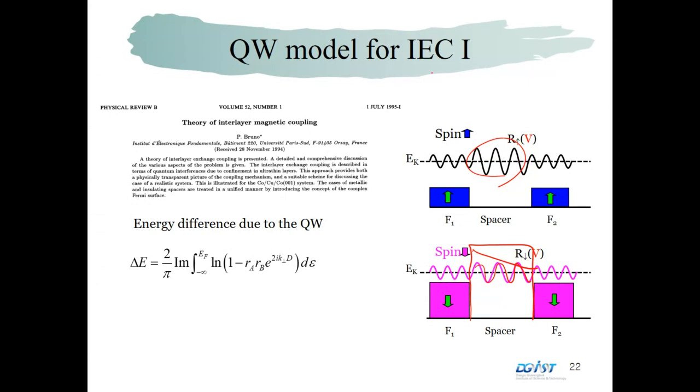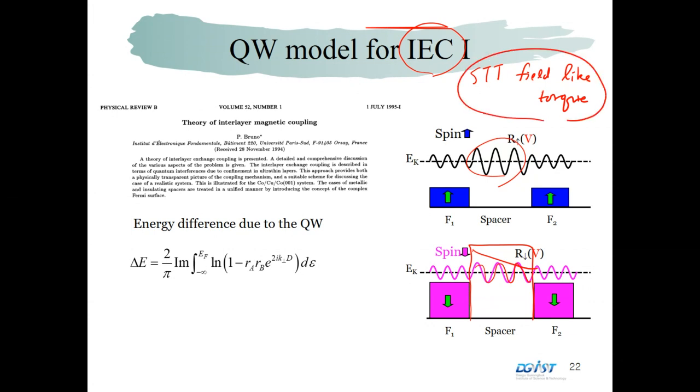And this interlayer exchange coupling is strongly related with the spin transfer torque called the field-like torque, which we're going to learn. So this can be observed in an insulator layer.